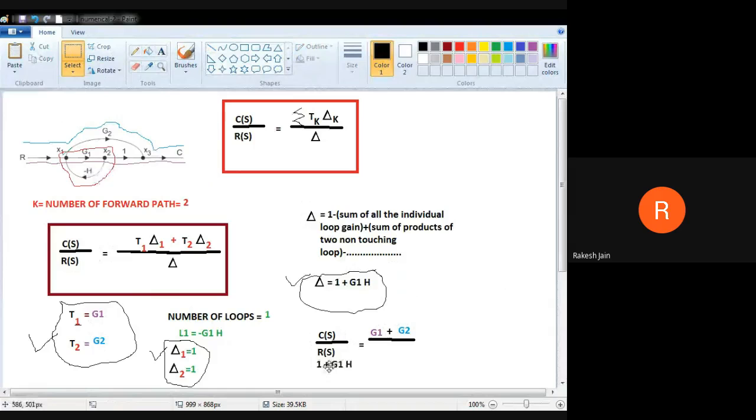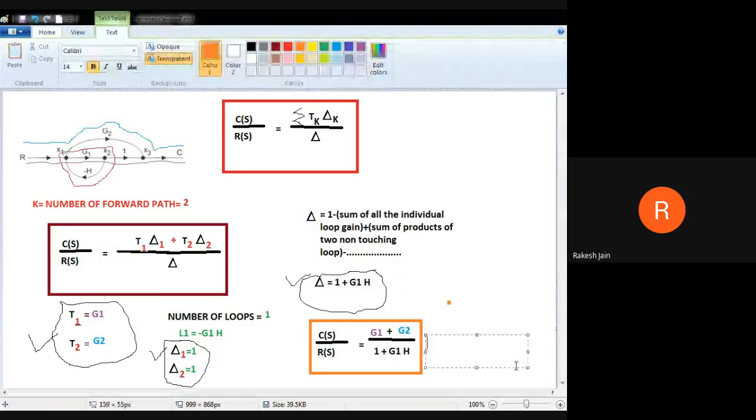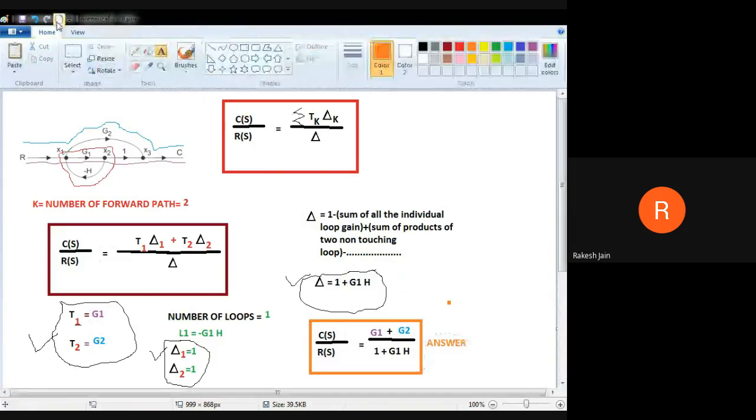Okay, so this is completed, and this numerical is ended.